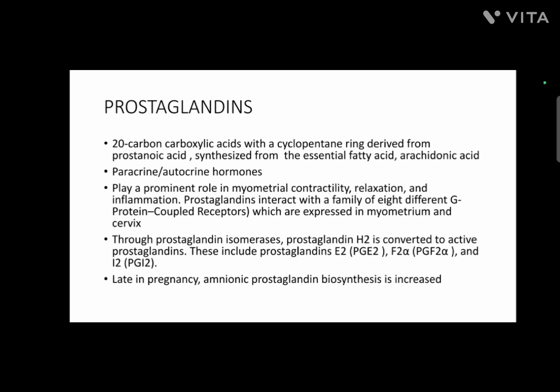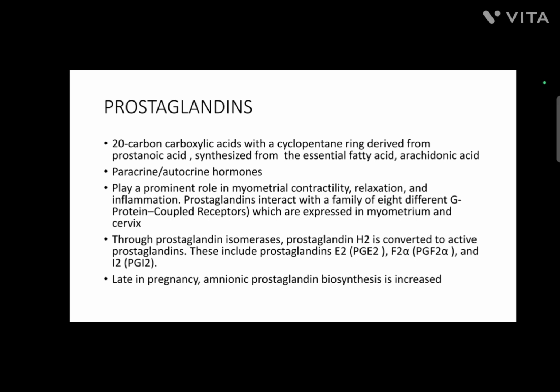Okay, let's discuss prostaglandins. Prostaglandins are 20-carbon carboxylic acids with a cyclopentane ring, derived from prostanoic acid, which is synthesized from the essential fatty acid arachidonic acid. These are similar to paracrine or autocrine hormones.